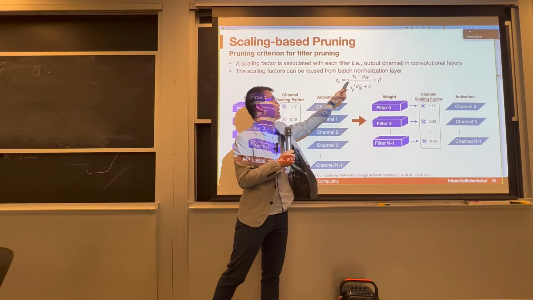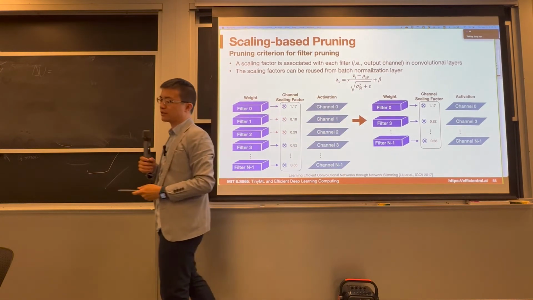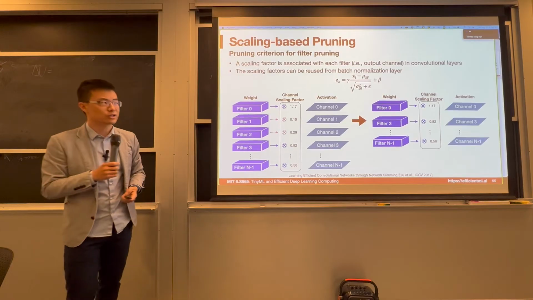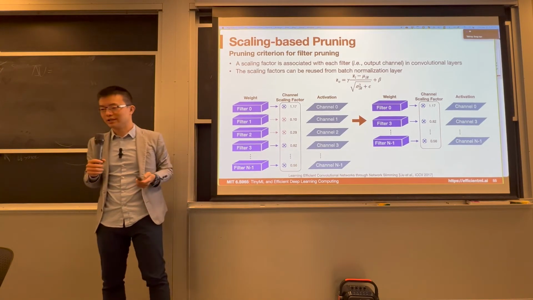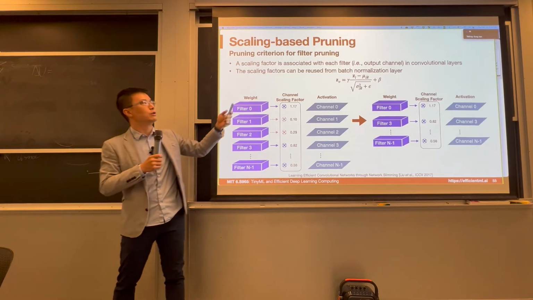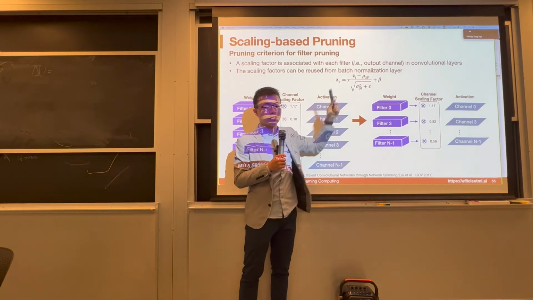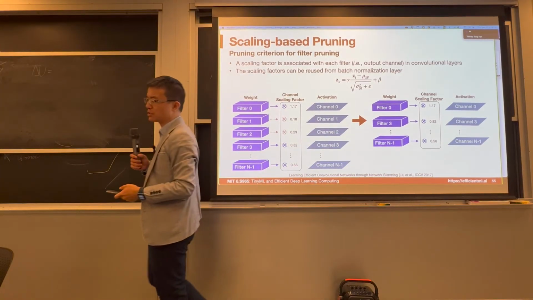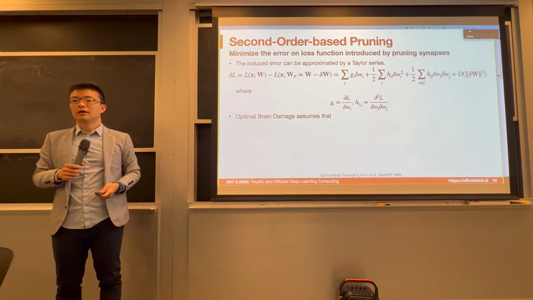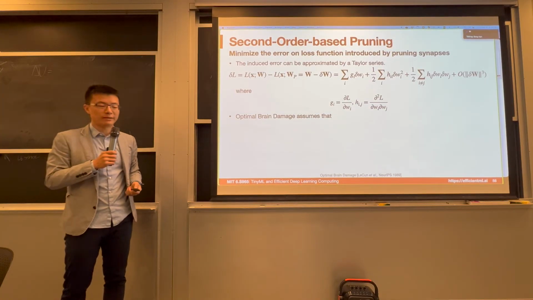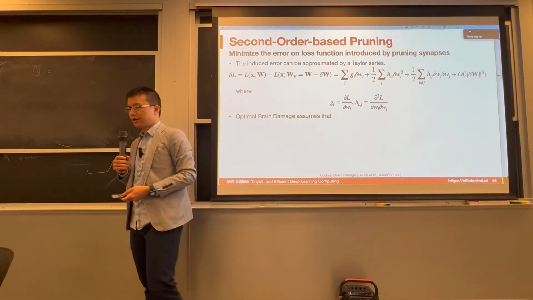So you add a regularization, L2 norm or L1 norm, on this scaling factor in the batch normalization layer, which doesn't add any extra layers or any overhead, which is pretty simple, so that you can determine which channel to prune by using the statistics from this BN layer. All right, so those are magnitude-based, very simple, very effective methods.